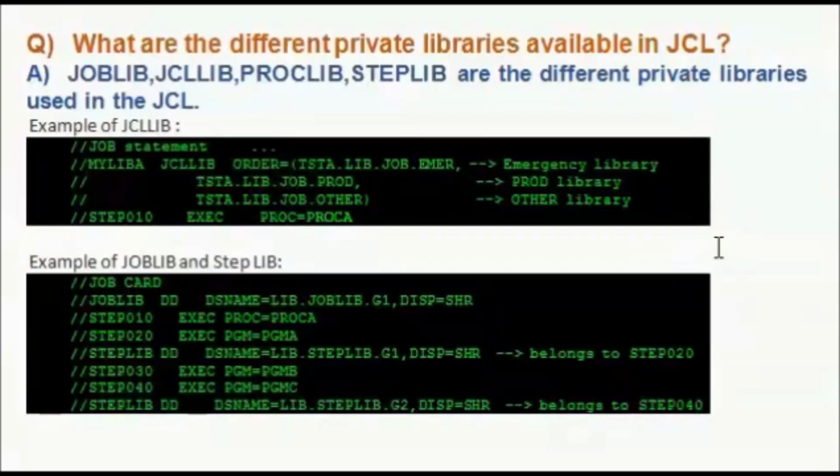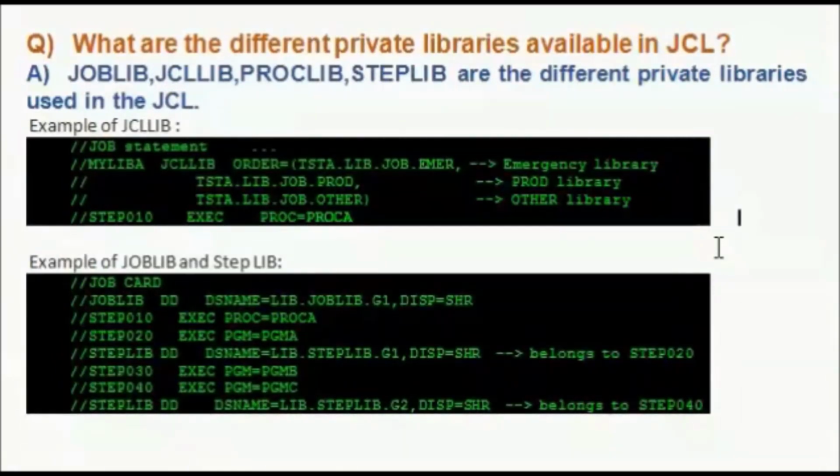If the load module is not present in the JOBLIB also, then the program will be searched in the system library such as SYS1.LINKLIB. When the program is not present in any of the libraries, including the system library, then the job will abend with S806, that is load module not found.